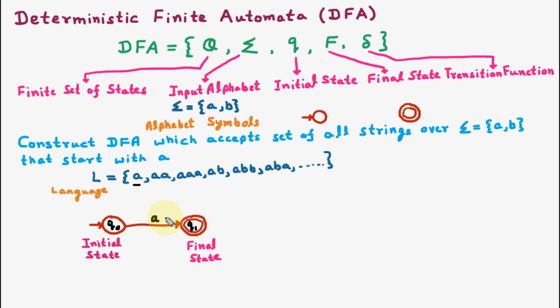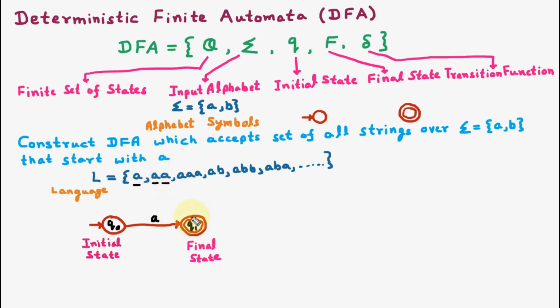Now we are going to the next level. Let us suppose that 2 times A will come. So here, for the first A, we will start with the initial state. Then this first A will go to the next state, and again one more time A will come. So we have to accept this string.